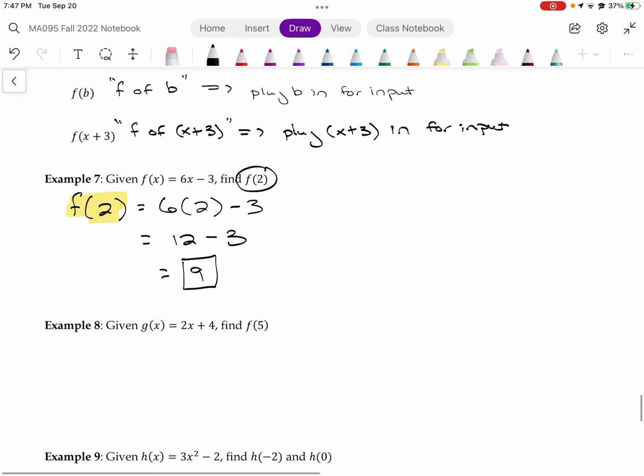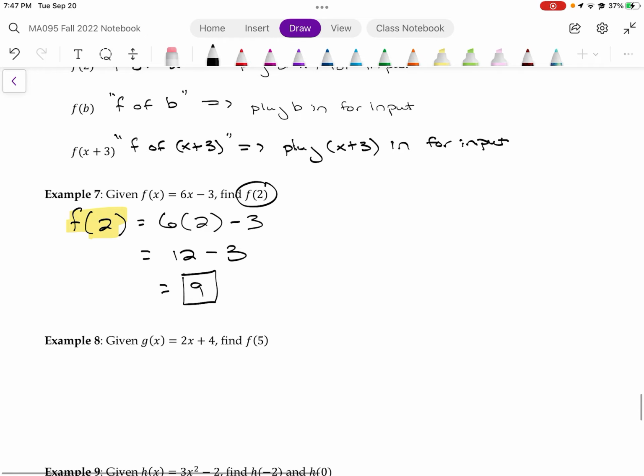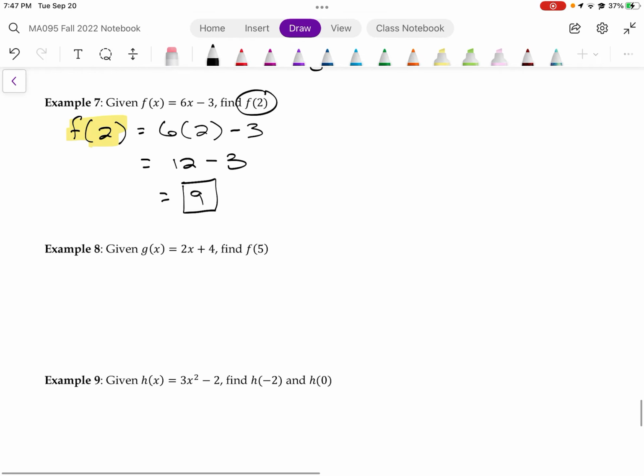All right, so you try 8. And if you'd like to, you can go ahead and try 9. All right, so now I will do it. So f, oops, this should be a g. So that means nothing. Finding f of 5 means we wouldn't do anything because that's g. All right, so that's a mistake. So g of 5, find g of 5.